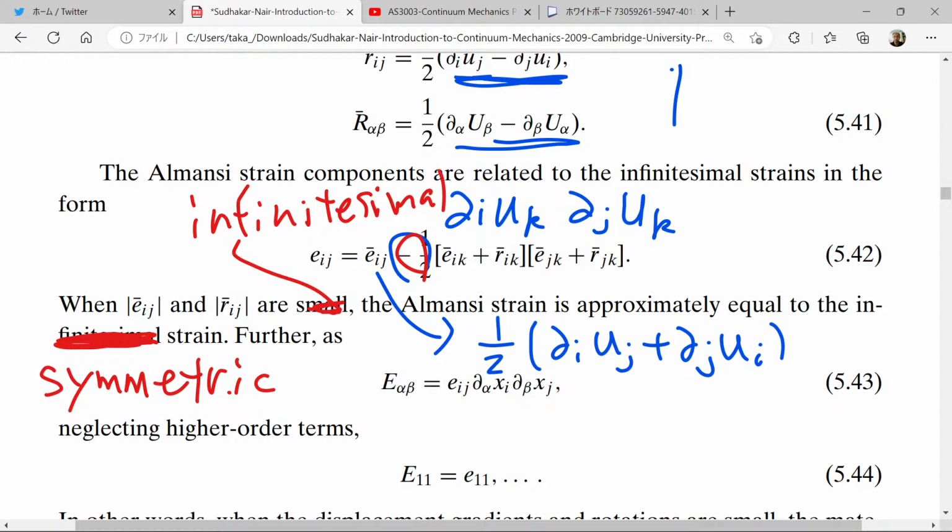If these things are infinitesimal, Almansi strain is approximately equal to the symmetric strain, because the second order term is neglected. Then further as this, neglecting higher order terms.